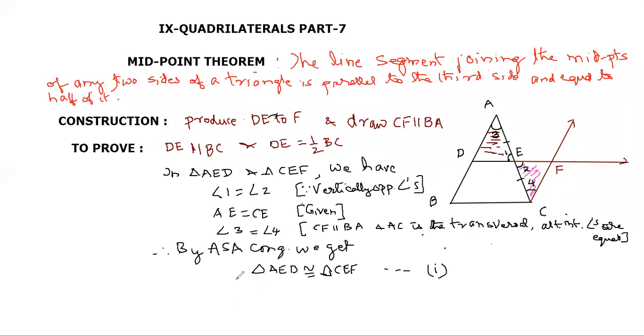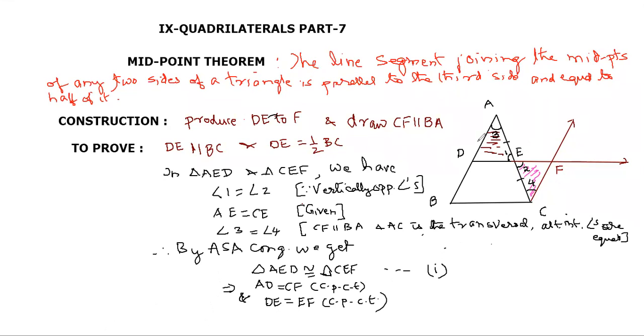These two triangles are congruent, so AD is the side of the first triangle, and AD will be equal to CF by CPCT, and also DE is equal to EF. This is also by CPCT. These are the sides of the above triangles which are proved congruent.